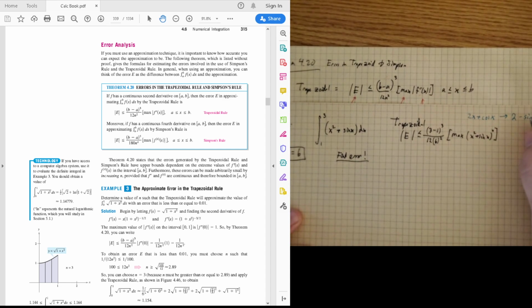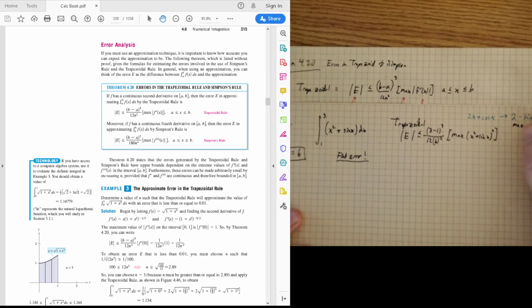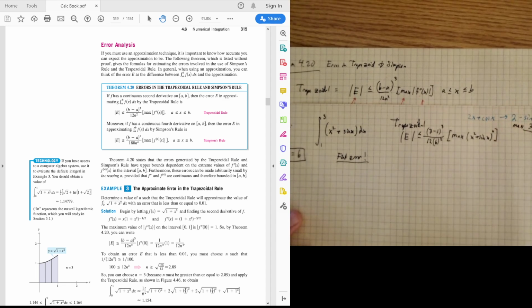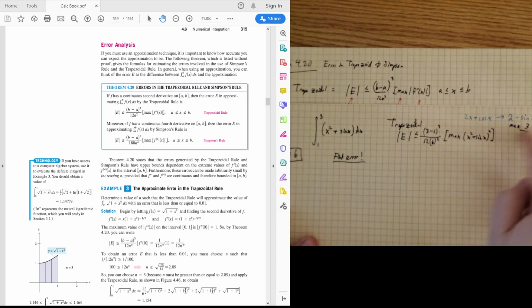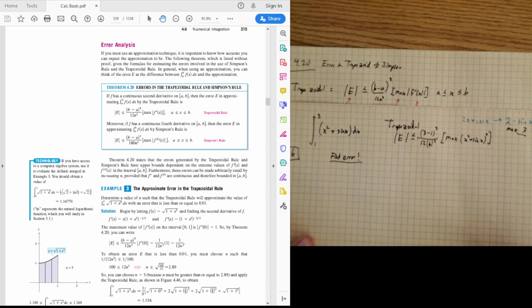Notice it does not matter where this max is. It matters what the max is. And as it turns out, it'll happen at pi over 2, which is within the boundaries of these two numbers.